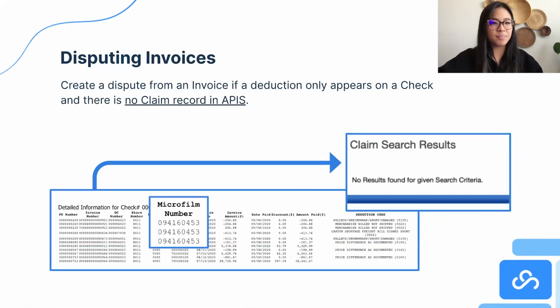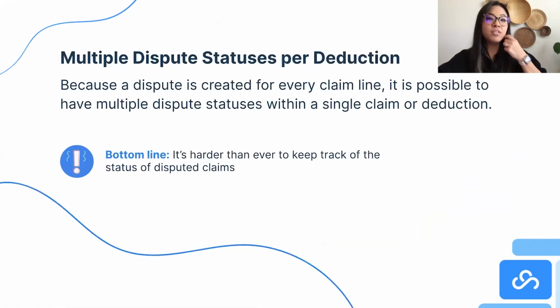All righty. So one thing to note to you guys really quickly for APDP deductions. Before with DCI, direct commerce, you would essentially create disputes at the claim level. But in APDP, you're actually submitting disputes on every claim line. So it is possible to have multiple dispute statuses within a single claim or deduction.